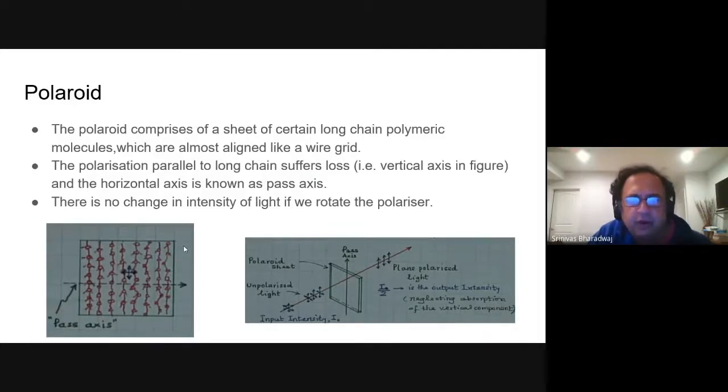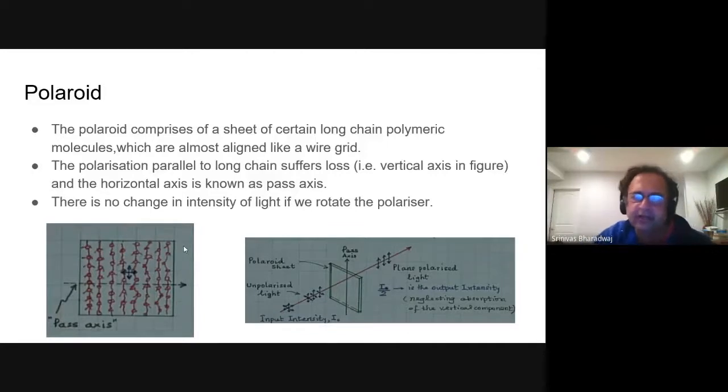Now, the Polaroid comprises a long chain of polymeric molecules which are almost aligned like a wire grid. So when light passes through, it lets only one set of light pass through. So that is a Polaroid sheet.